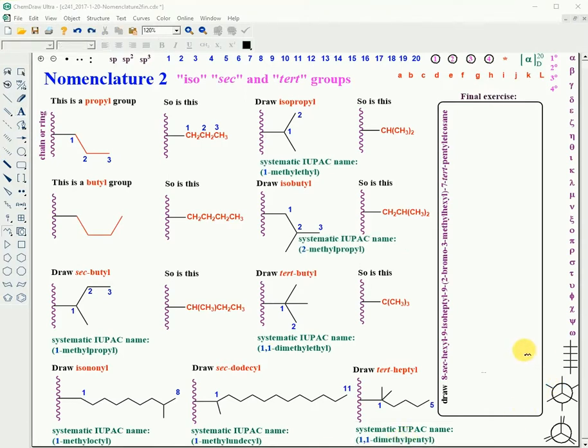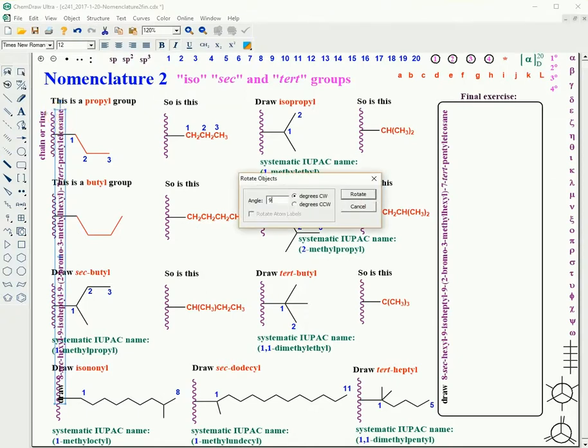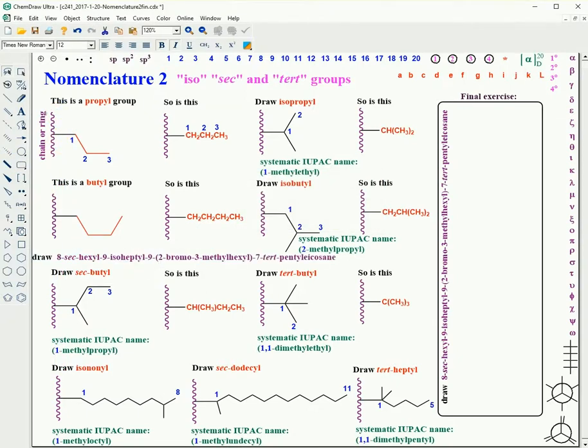For our final exercise, we're going to draw this name here. And if you're having trouble reading this, I will copy the name over here. Rotate it 90 for your viewing pleasure. And there's the same name. So we're going to draw a 20 carbon chain, icosane.